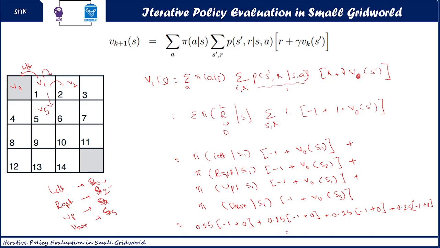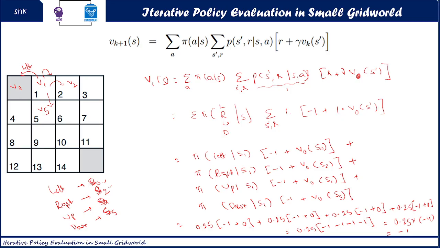Taking 0.25 as common, what is left is minus 1, minus 1, minus 1, minus 1, which gives the value 0.25 into minus 4, which we get as minus 1. So this is the V1 of S1, where the previous value was 0; now it has changed to minus 1.